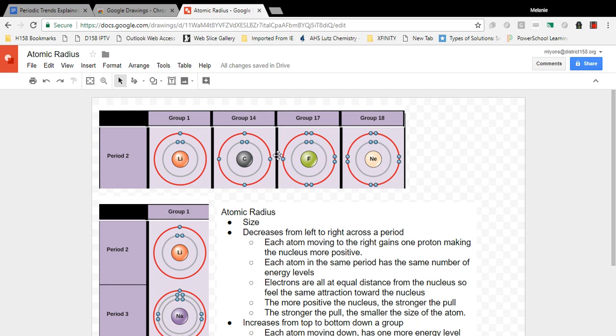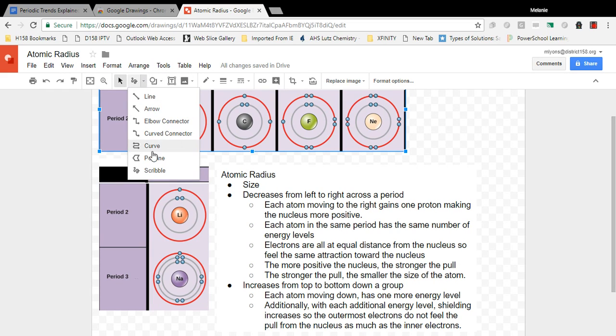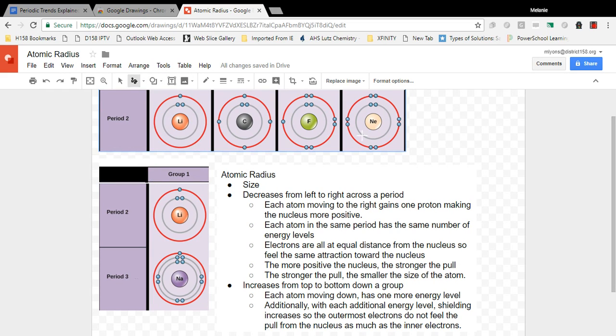As we move from left to right, the atoms have a greater number of protons and therefore a greater positive charge. The more positive the nucleus, the stronger the pull. This nucleus is going to pull these electrons towards it.